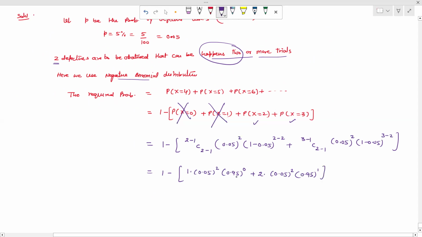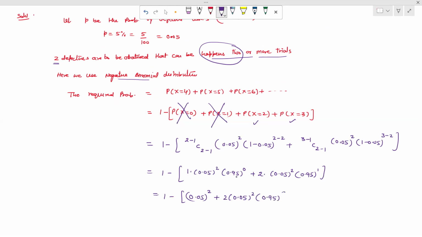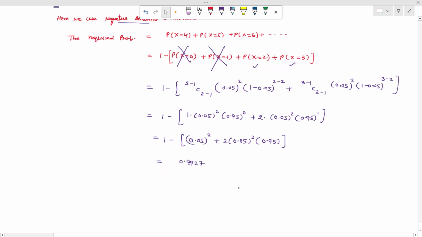So when we write down this 1 minus, तो फर्स्ट टर्म हमारा क्या होगा? 0.05 रेज टू द पावर 2, और प्लस 2 इंटू 0.05 रेज टू द पावर 2 into 0.95. So when we simplify this by using calculator or manually, we get the answer as 0.9927. So 0.9927 is our answer.